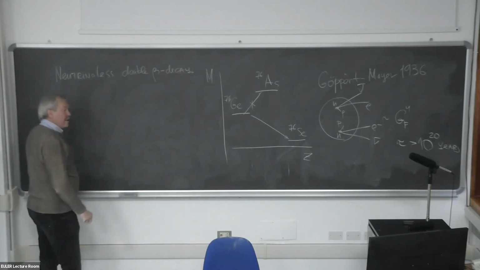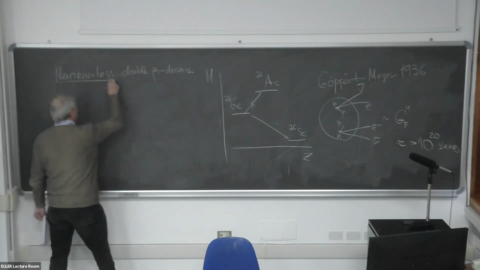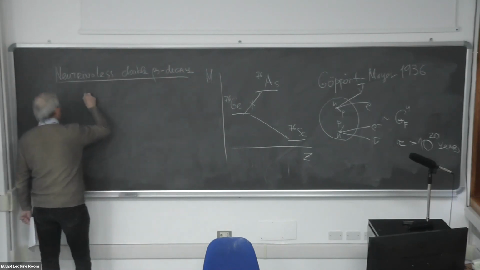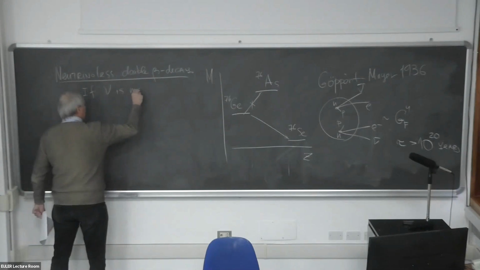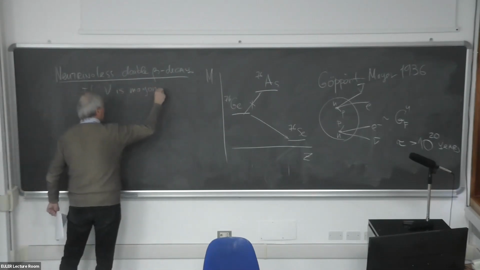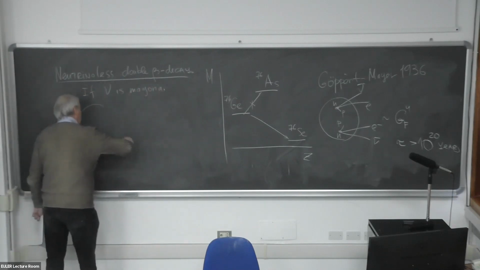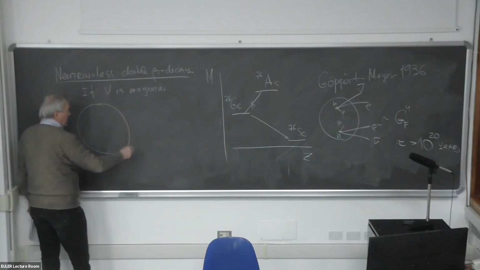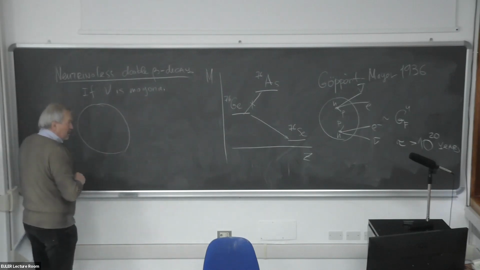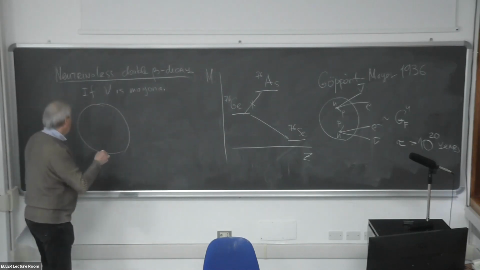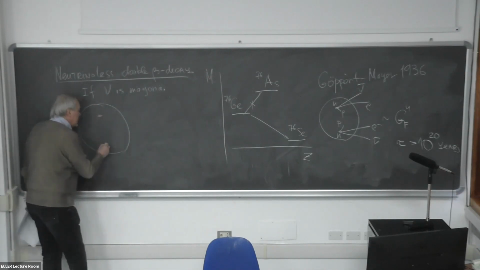If neutrino is Majorana particle, then what may happen is that neutrinos emitted by neutrons do not go outside, but they annihilate inside the nuclei.